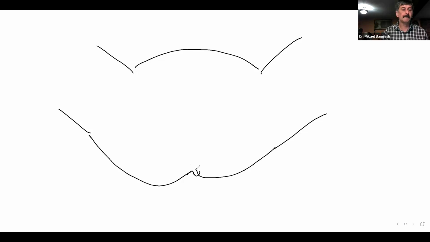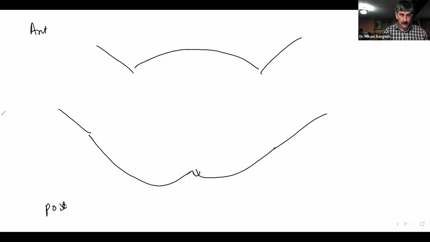Okay, guys. Now, just so you know what we are talking about, this is anterior, and this is posterior. But right now, the patient is placed in what we call the lithotomy position.